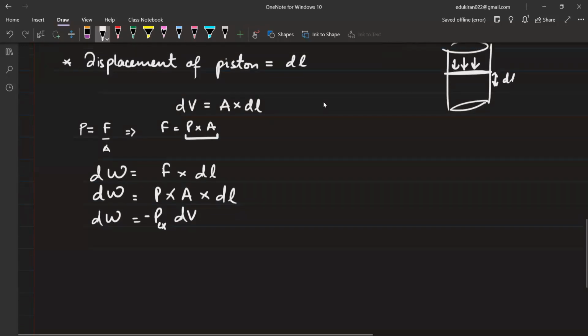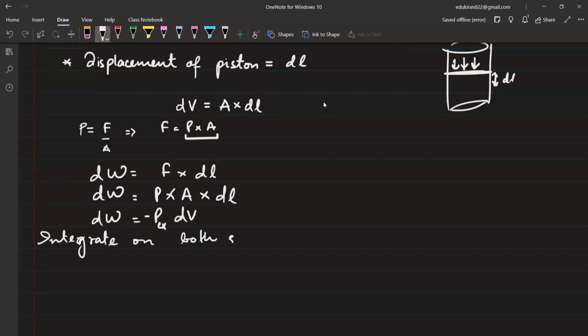Now we are going to integrate on both sides. This is very easy. Then we will be getting dW is equal to integration of minus P external dV.